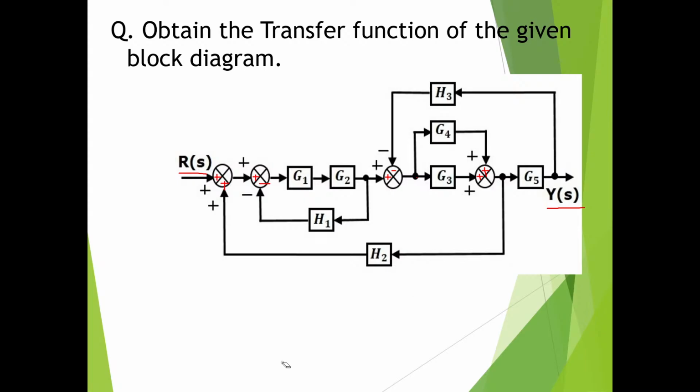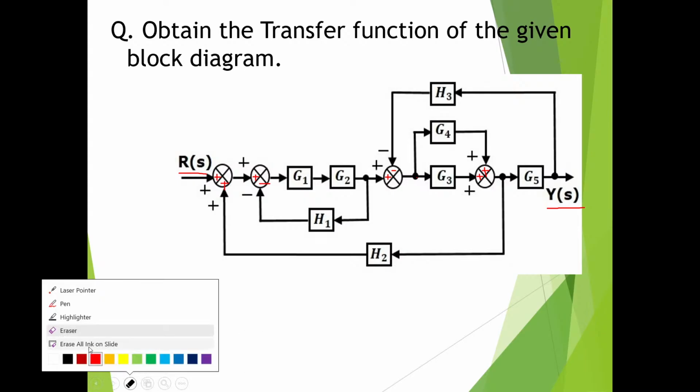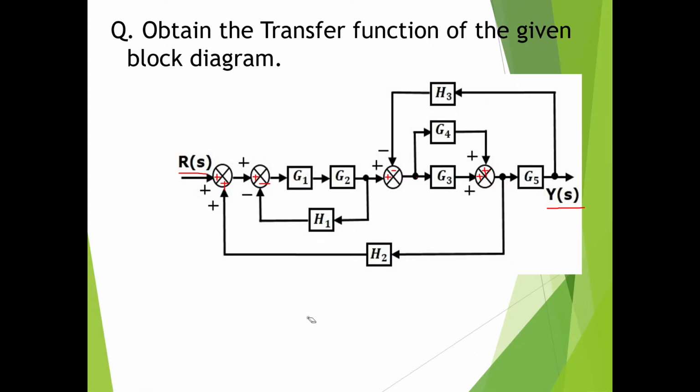So G3 and G4 are said to be connected in parallel to each other. If two blocks have two signals starting from a common point behind them, and the signals end at a common point ahead of them, those two blocks are said to be connected in parallel.